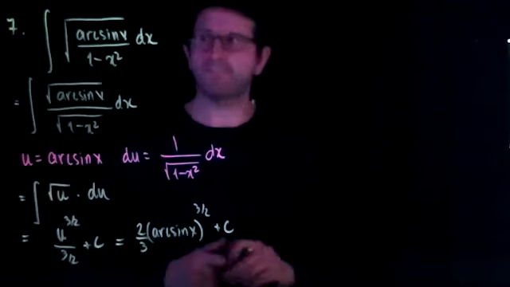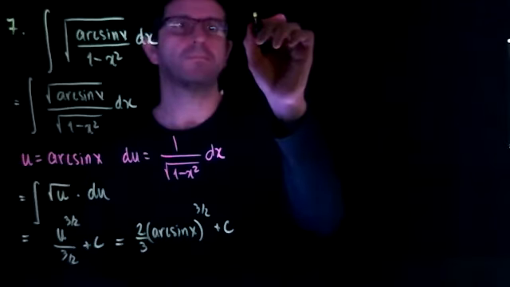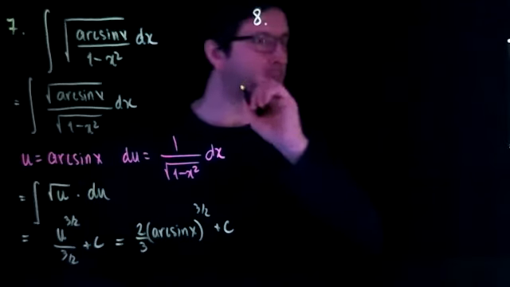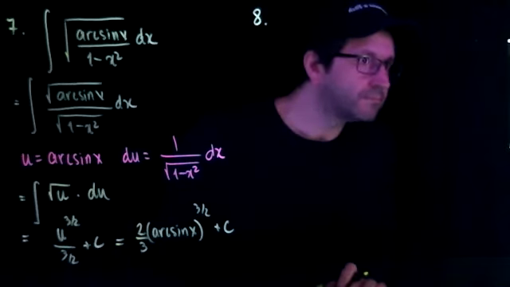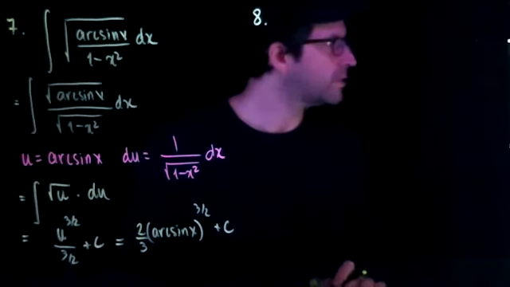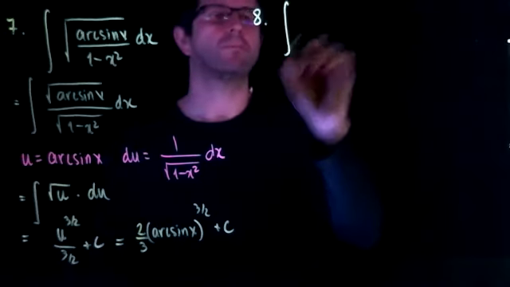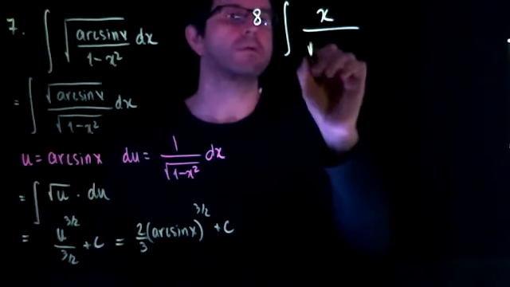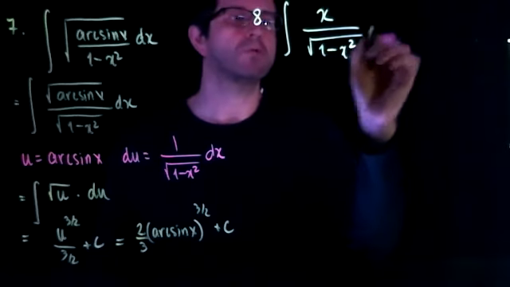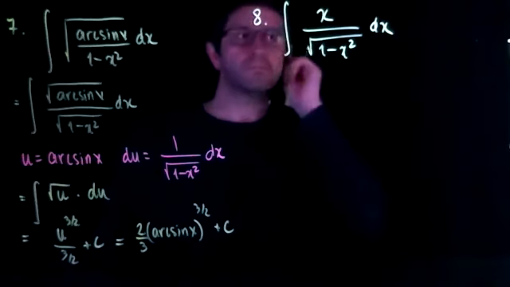Any question? Okay. Number 8. Number 8 is the integral of x over square root of 1 minus x2 dx.